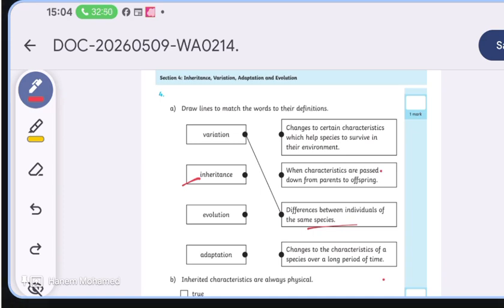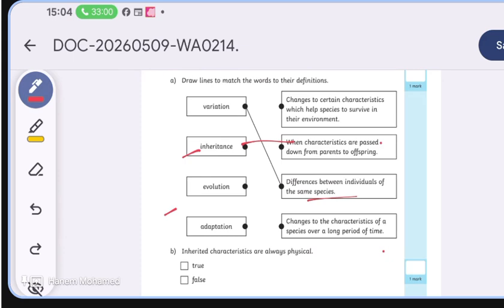From parents to offspring. So it will be the one in front of it. You are going to take her eye color and so on. This is inheritance. But evolution, we said, maybe the shark is not the same as the shark that lived a million years ago. So they started to change over time. So which one? Of course, it will be the last one.